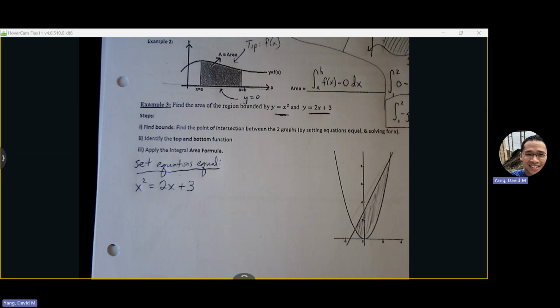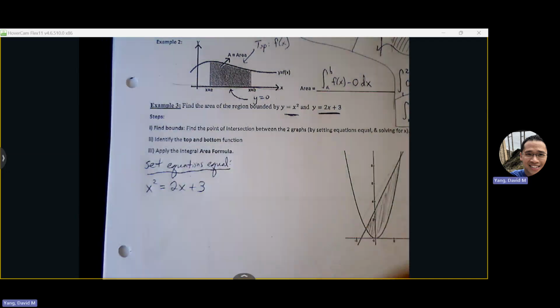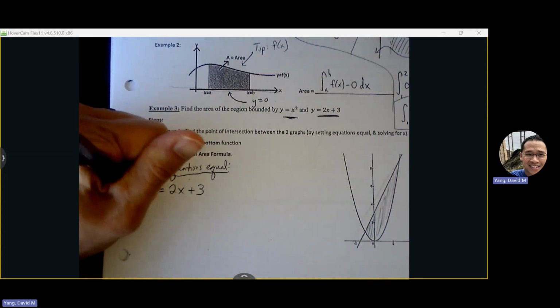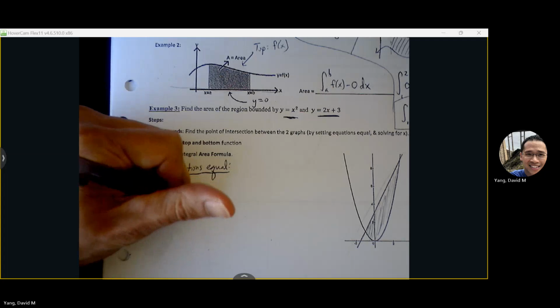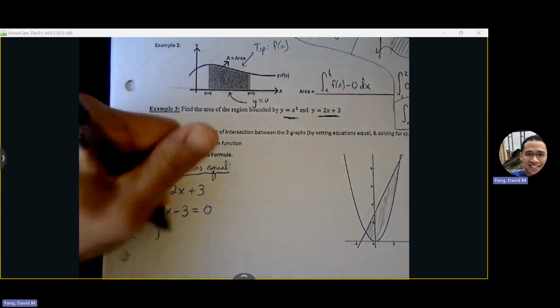Anytime we have a quadratic, we have to get a 0 to show up. So let's move everything over to the left side so we can go through our factoring steps. All right, multiplies to be -3, adds to be -2.